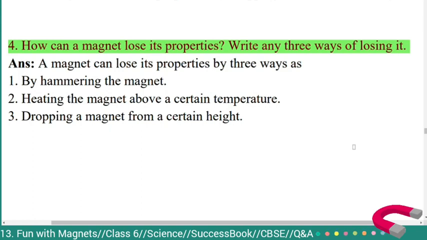Second, heating the magnet above a certain temperature. Third, dropping a magnet from a certain height. So these are the 3 ways that a magnet loses its properties. One is hammering, second one is heating, third one is dropping of a magnet.